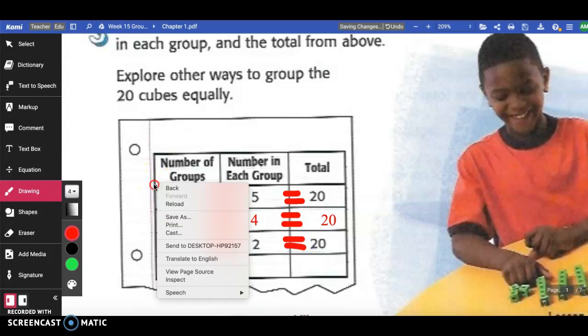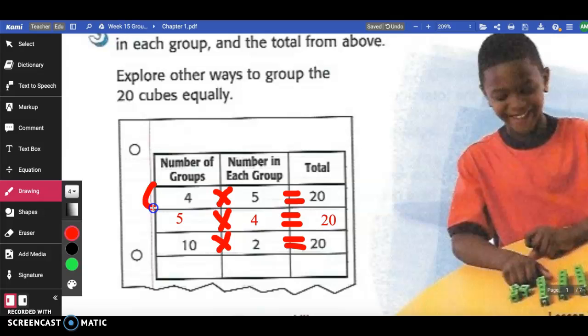So if you look up here at how I said that the reverse of the first multiplication problem gives you 20, and the reverse of the second multiplication problem also gives you 20, what does that mean for this problem down here? So 10 times 2 equals 20, which means what times what equals 20?